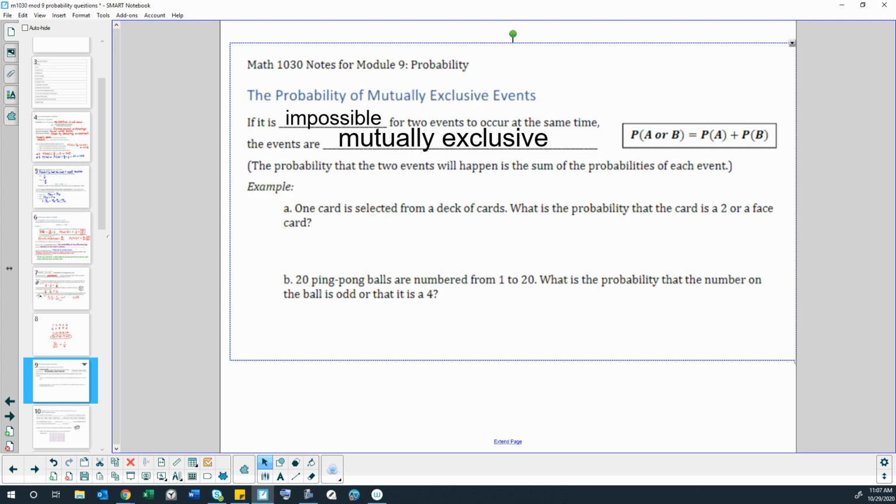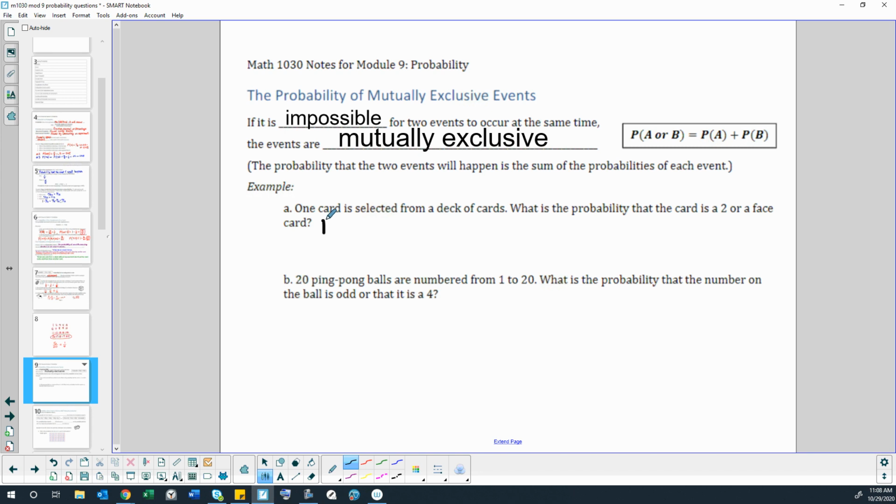So let's find each individual probability and then add those probabilities together. The probability of getting a face card: we have Jack, Queen, and King in each suit, 4 different suits, so that is a total of 12 cards in our deck that are face cards.